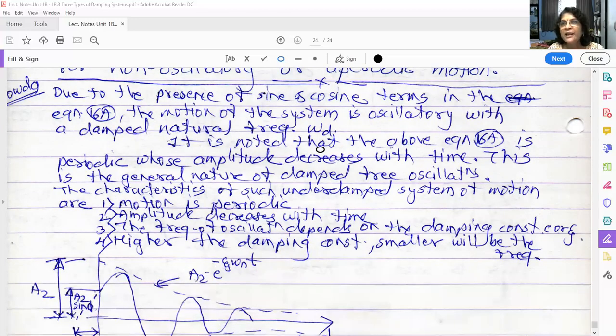It is noted that this equation is periodic, whose amplitude decreases with increase in time. So this is the general nature of damped free vibrations.